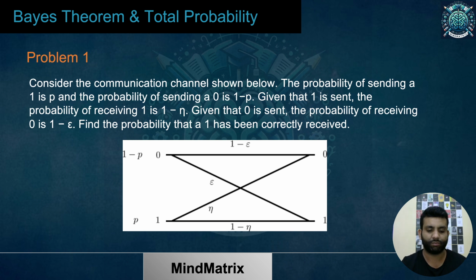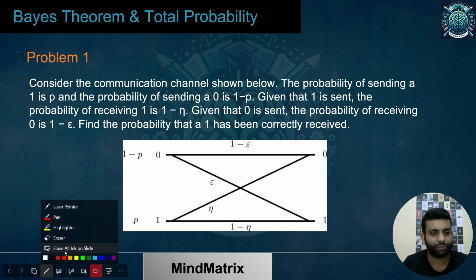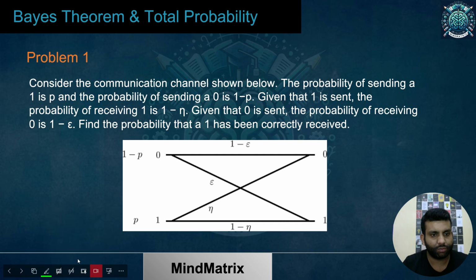So let's just talk about this problem. What is being mentioned? Consider a communication channel shown below. You can consider it to be some kind of wires. You are sending some signal from here, and these are the receiver end at some distant place.